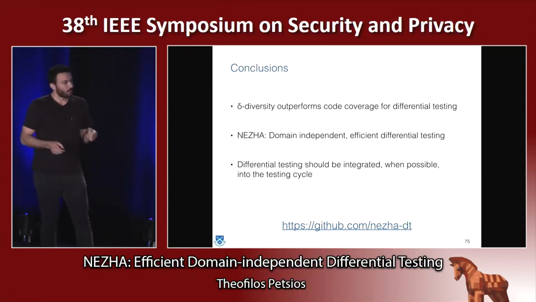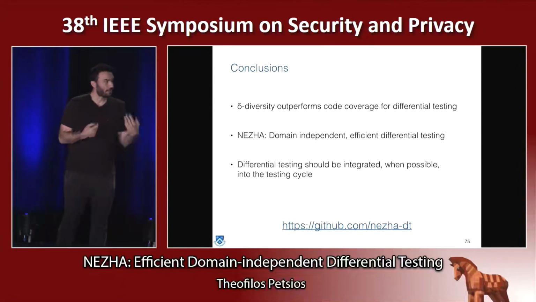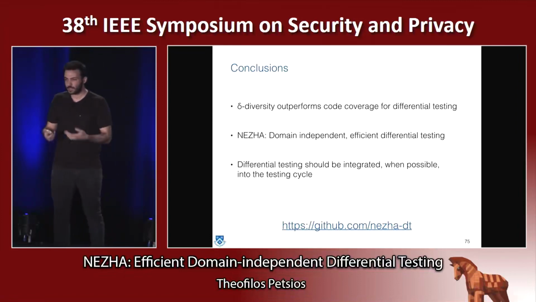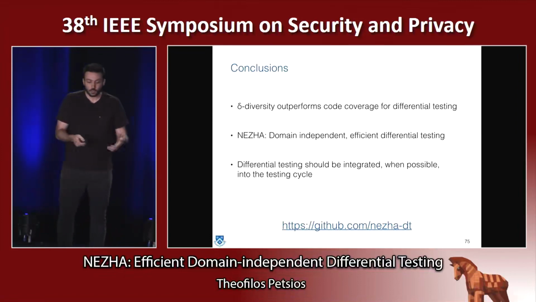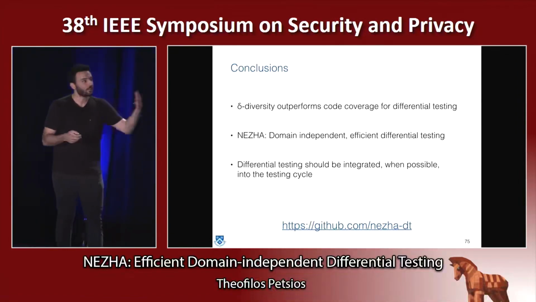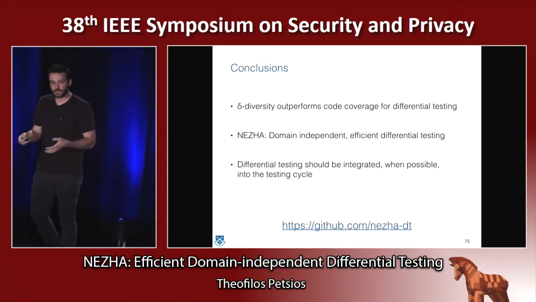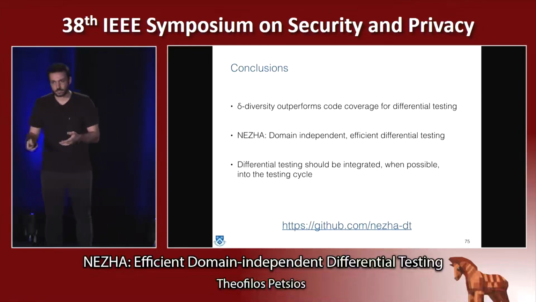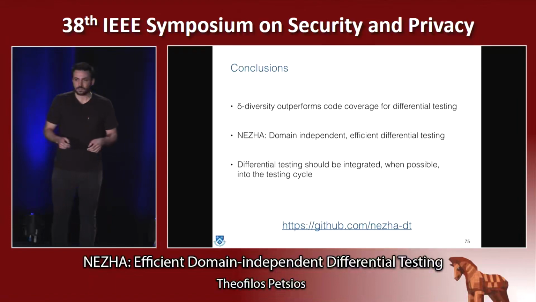And essentially, if you have the ability to perform differential fuzzing, so if you're developing an SSL library, there's no reason not to also perform differential testing rather than simply fuzzing a single application, because you can catch all the semantic bugs together with the cross-inducing bugs. So with that, I'm happy to take questions.